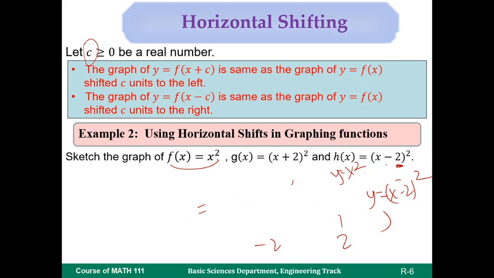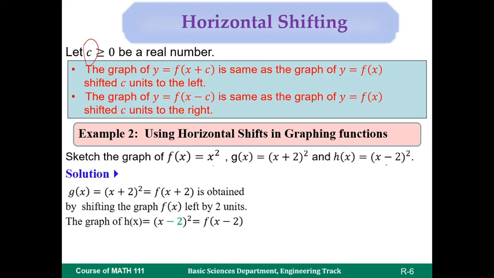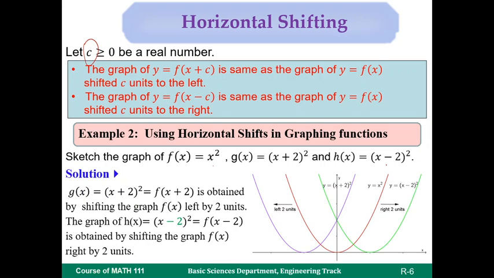Okay, we'll see this in the slide. It's already given here. So we will shift it to the left and right. You see this is the main function, y is equal to x squared. And now this is y is equal to x minus 2 squared.